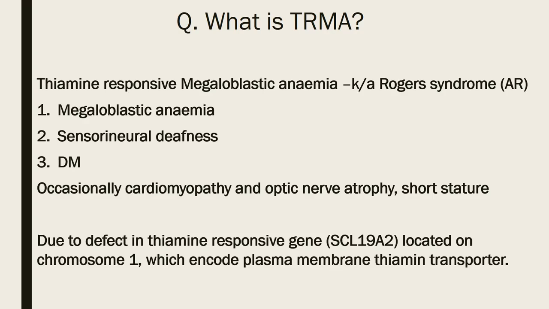It is due to defect in thiamine responsive gene SLC19A2. It is located on chromosome 1, which encodes the plasma membrane thiamine transporter. So it is rare but always keep in mind whenever the child is having the macrocytic anemia.